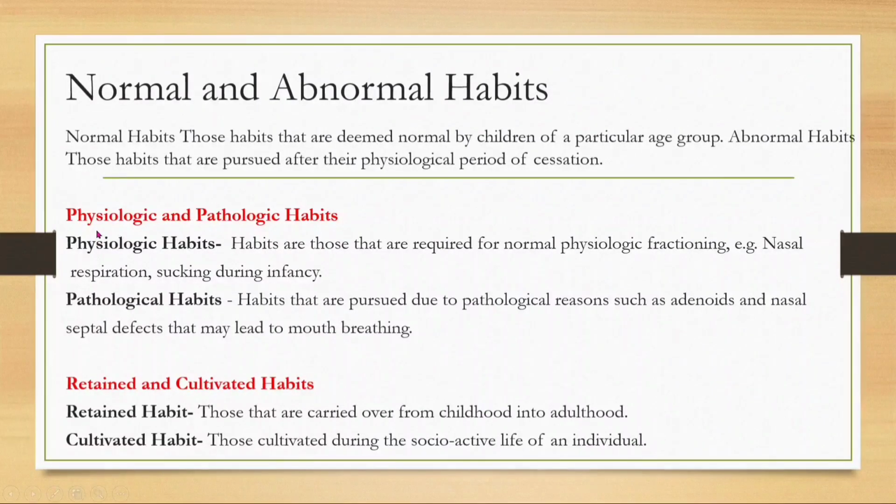Now we have physiologic and pathologic. Physiological habits are normal and required for normal functioning, that is, nasal respiration and sucking during infancy, whereas pathological habits are due to pathological reasons such as adenoids and nasal septal defects, which may lead to mouth breathing. Retained habits are carried over from childhood into adulthood. Cultivated habits are those cultivated during the socio-active life of an individual.